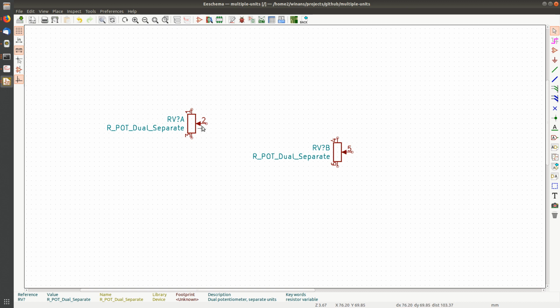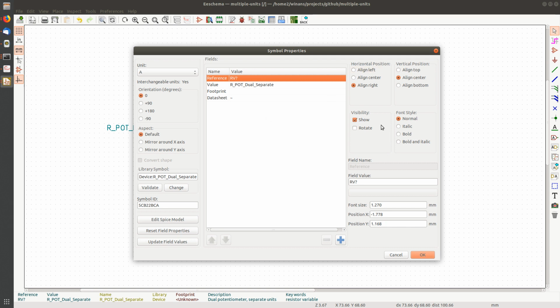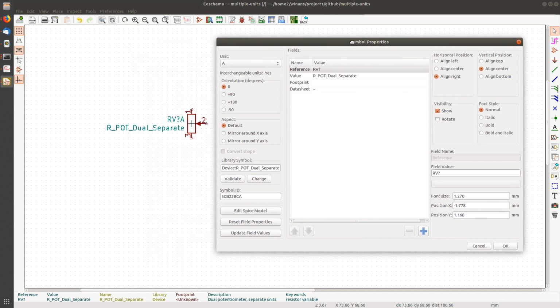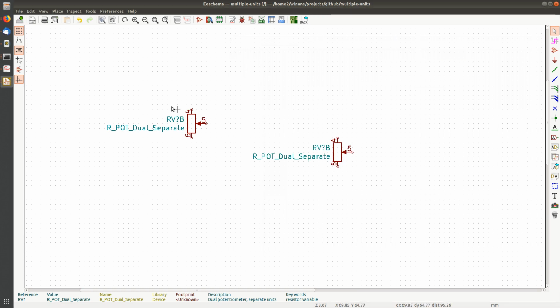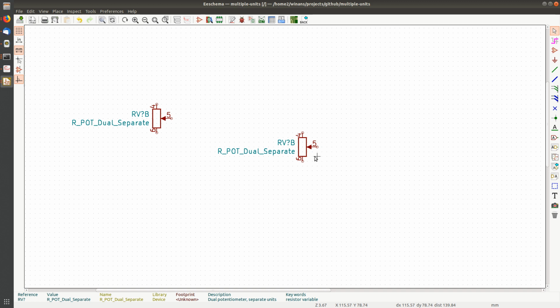They're drawn the same. And if I change this A to a B, which I can do by double-clicking and opening this up, and now that I'm dealing with a multi-unit part, you see this A over here? I can change it to a B. Watch what happens to the schematic when I do this. It's an A right now. There's the A, and it has pins 1, 2, 3. If I go to a B, when I hit OK, it's now a B, and it goes to 4, 5, 6. All right, now they're both B's, which doesn't really make a lot of sense.